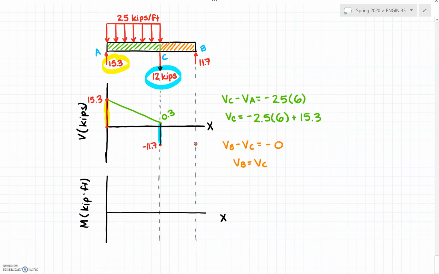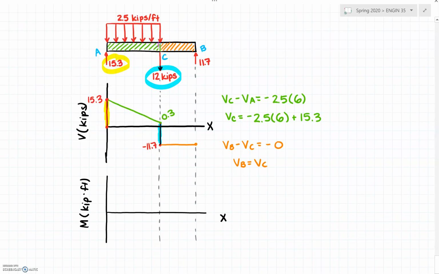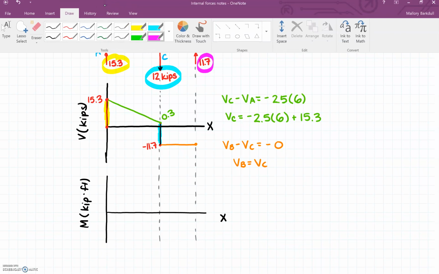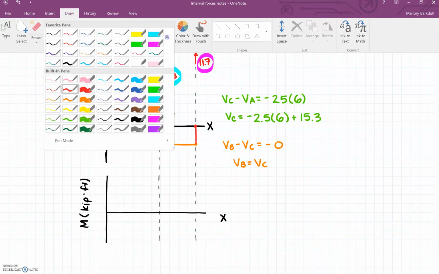So that's going to go straight across at negative 11.7. And lastly, I have my upward 11.7 force there at B. So my shear diagram is going to go up 11.7, and it's going to end at 0.